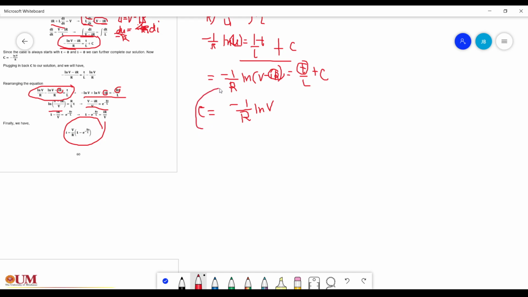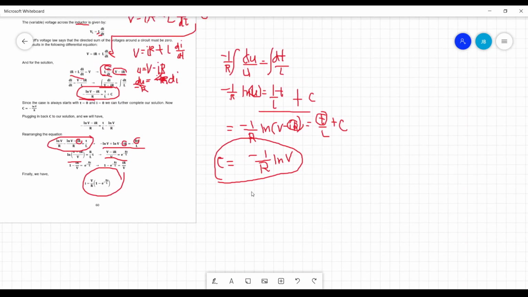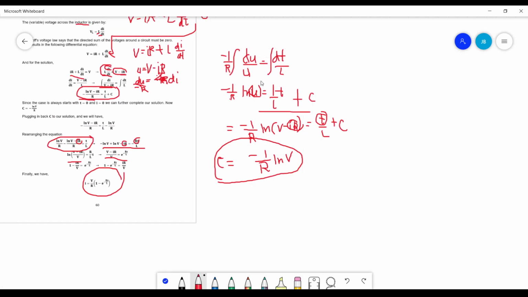So, you have already the constant, na naka-constant. So, you just easily substitute constant back to this equation.